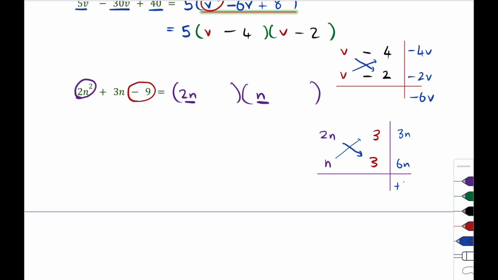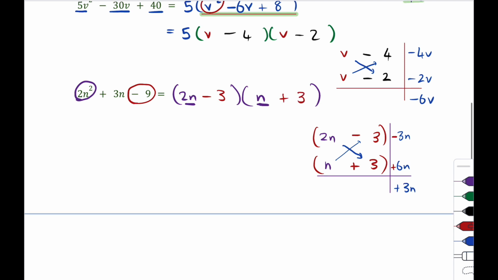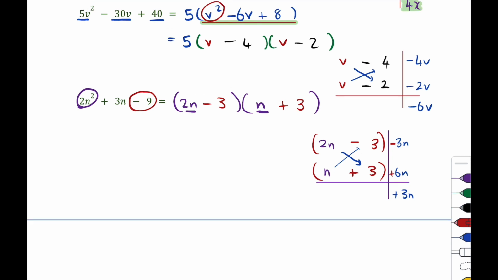I want a positive 3n, which means that this one should be positive to get a positive 6n, and this one should be negative, to get a negative 3n. And there I have my two brackets. 2n minus 3, n plus 3. Remember, expand if you want to check that you got the final answer.